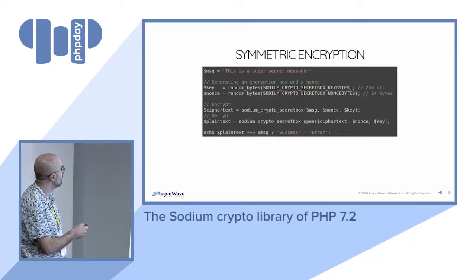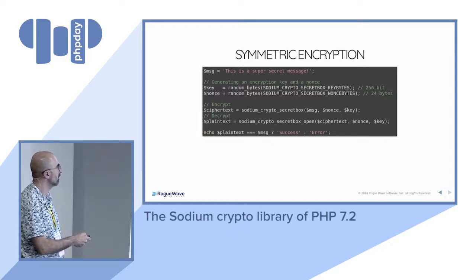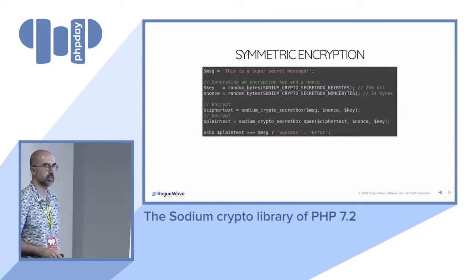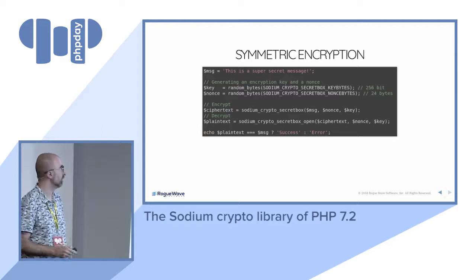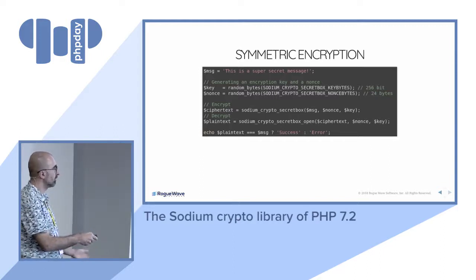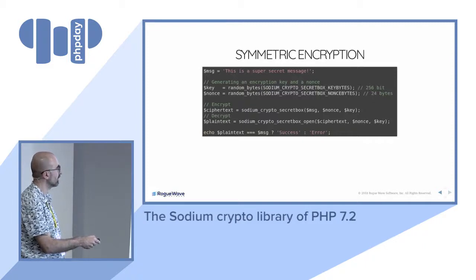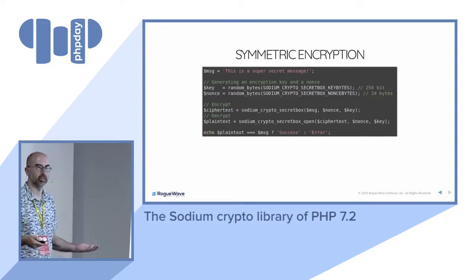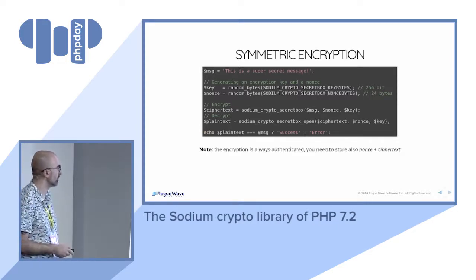And if you have a key, a message, and a nonce, you can just call the sodium_crypto_secretbox function. You pass the message, the nonce, and the key, and you get the ciphertext. Very simple. In order to decrypt, you use the open function. You pass the ciphertext, the nonce, and the key. Very straightforward, very simple to use.